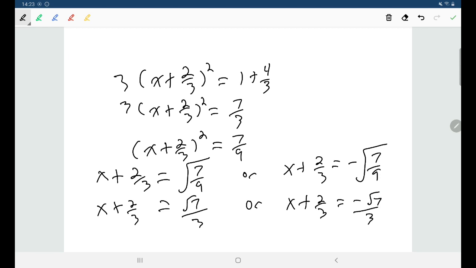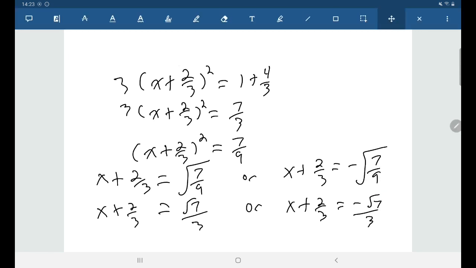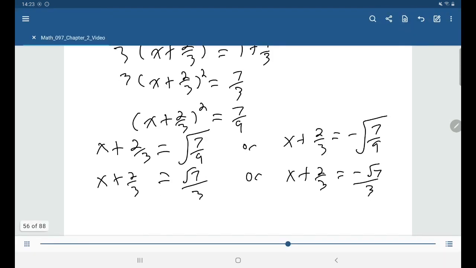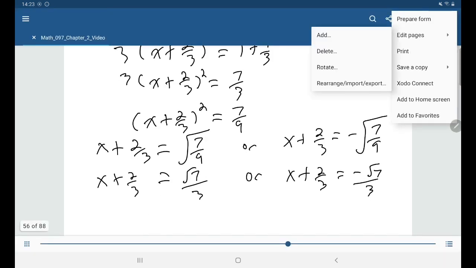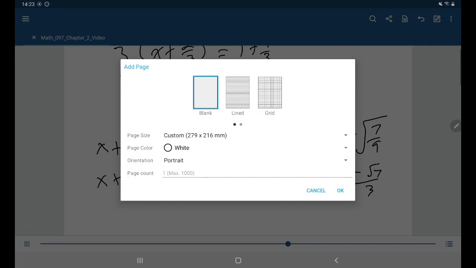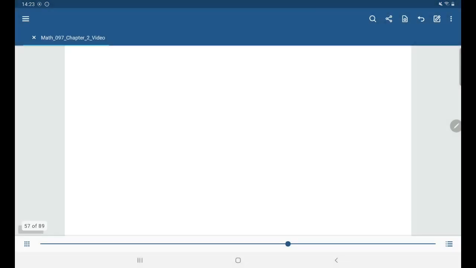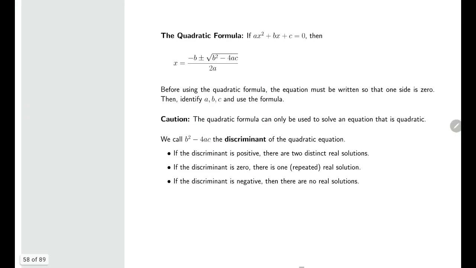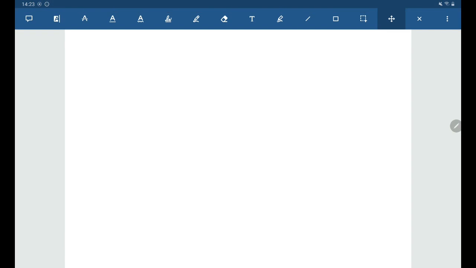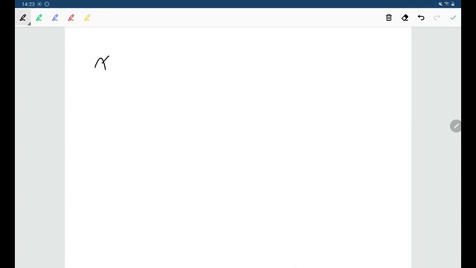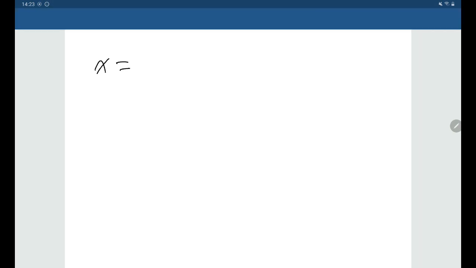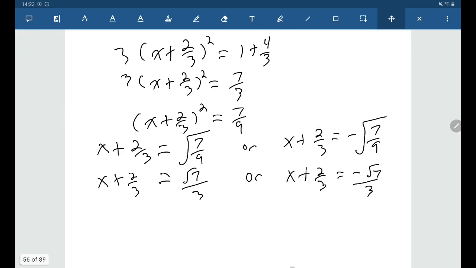So the only thing now left for me to do is just solve for x, and I can do that by simply taking that 2/3 and moving it to the right side of the equation. So I'm just going to add an extra page on here, and we have then that x is, so we take what we have and we're going to be moving the 2/3 to the other side.